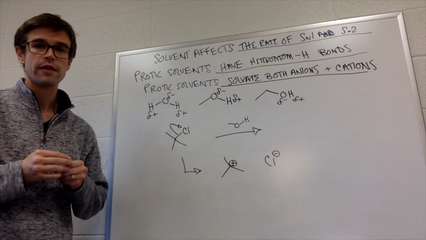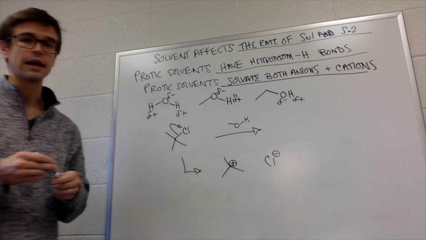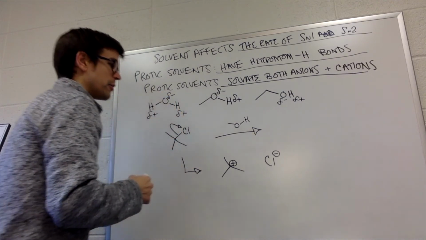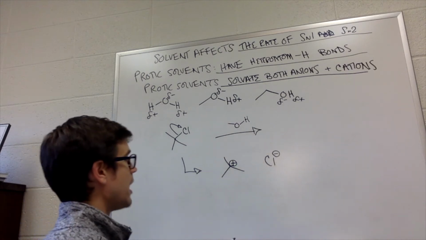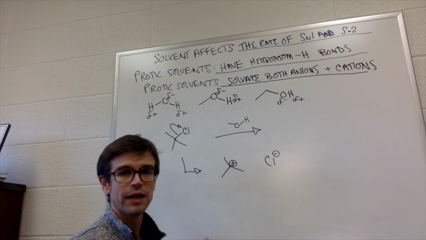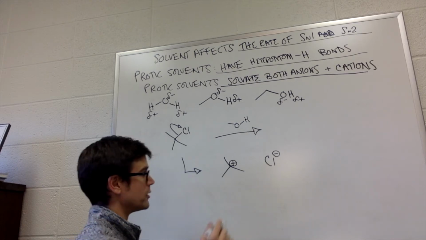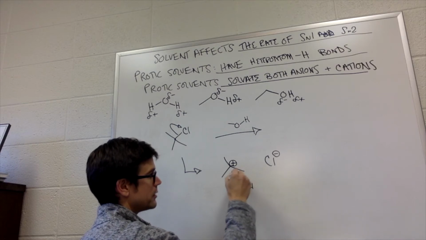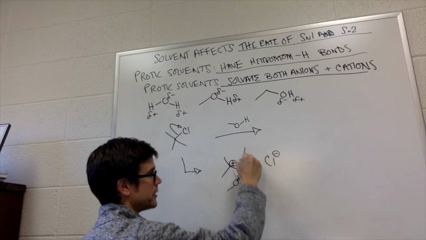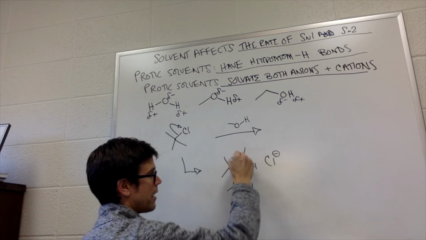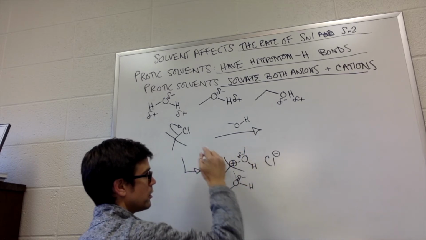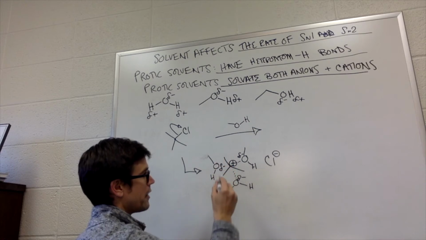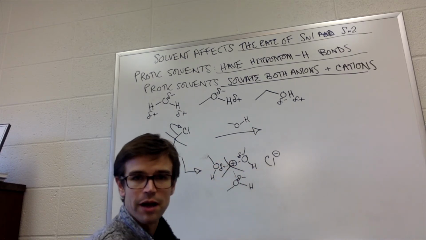So why does it matter that protic solvents can solvate both anions and cations? It matters because that means they stabilize these intermediates. So if this is our solvent, if that positive charge is stabilized by other groups, it's going to make it more stable. So if we have all of the methanol molecules with the partial minuses orienting themselves by that positive charge, that stabilizes the positive charge.